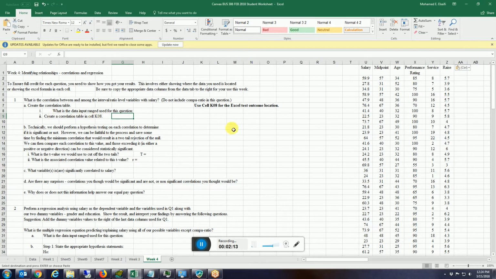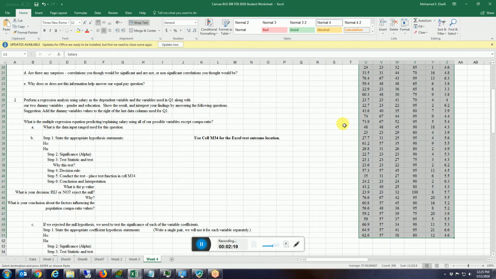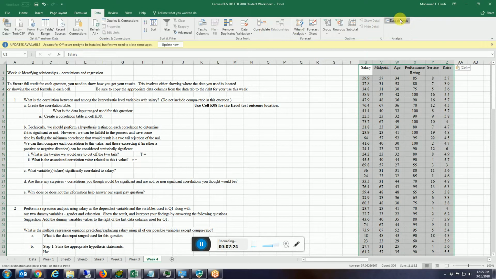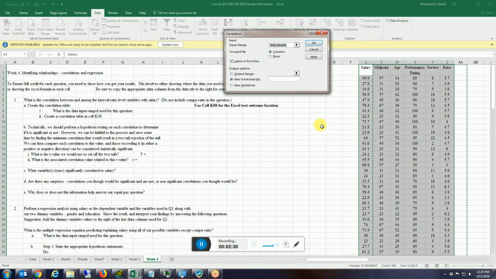And now we need to create a correlation table. So we're just going to highlight our data, and then go to our data analysis toolpack and select correlation. Okay, so let's highlight our data.